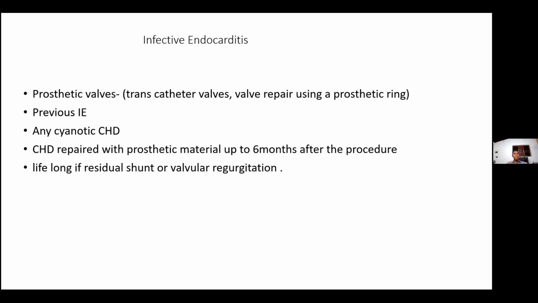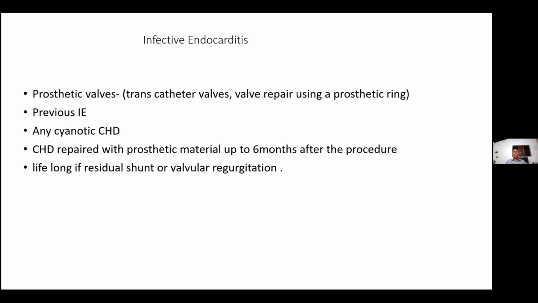But certain countries like the UK and European Union, some of the countries, have removed this and they don't recommend routine prophylaxis of infective endocarditis. But in our setup, we follow the WHO guideline. So any patient with a prosthetic valve, it can be a transcatheter valve, or an open heart surgery with a ring, we have to give infective endocarditis prophylaxis.